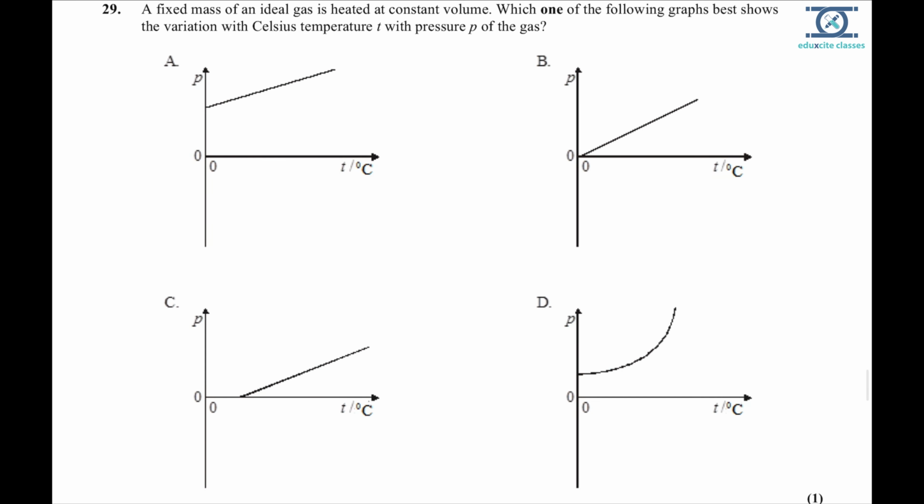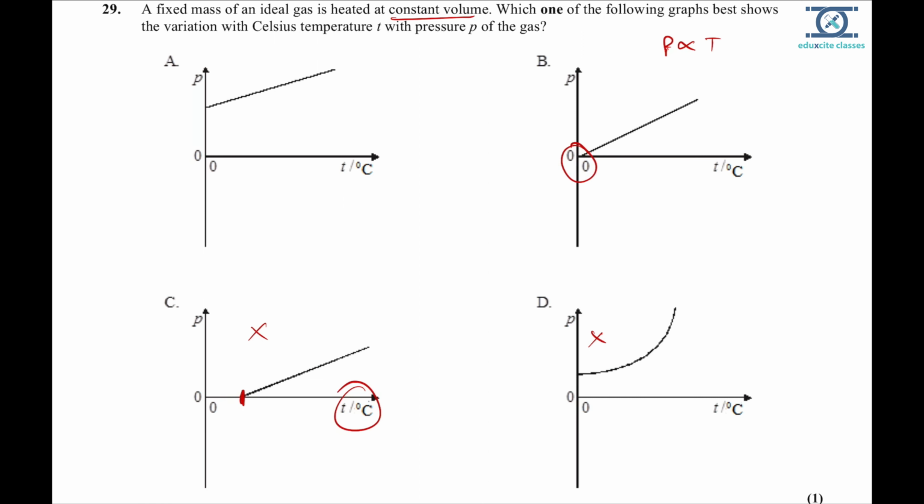Now question number 29, which of the following graphs best shows the variation of pressure with Celsius temperature T? Now this is the Celsius scale. At constant volume, we know that pressure is proportional to temperature, so it should be a straight line, so this is incorrect. Pressure cannot be 0 at 0 degrees Celsius.